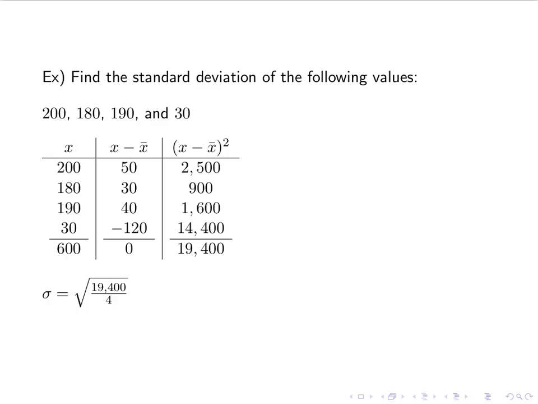So our standard deviation is the square root of that sum of the squares divided by n, how many numbers we have. So the square root of 19,400 divided by 4, square root of 4,850, which gives us 69.64. So this is much higher than the other two, again, because that 30 makes it a lot more spread out than before.